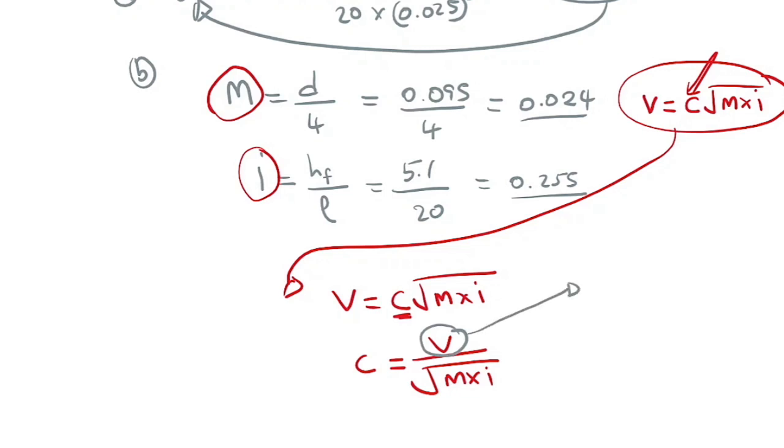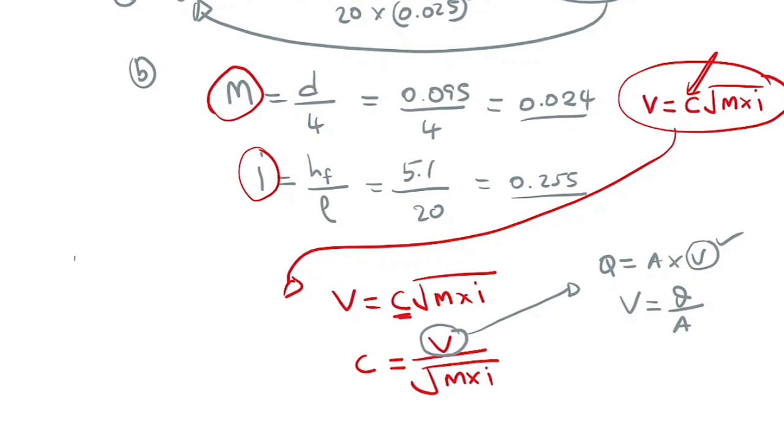We will use the flow rate equation, which is from the continuity equation. Q is equal to area times velocity. So velocity is equal to the flow rate divided by area.